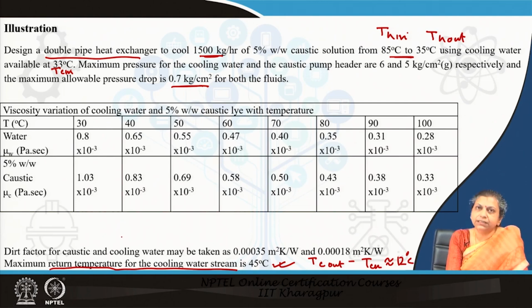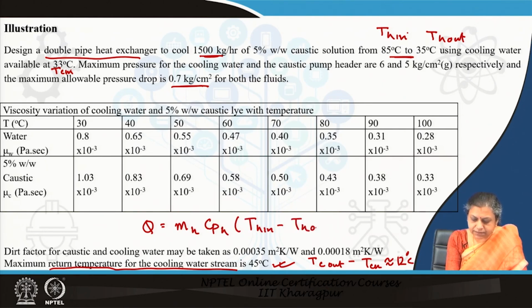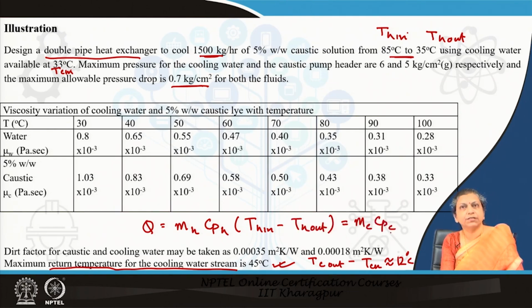Now, we know that the heat given out by the hotter fluid will be equal to the heat taken up by the cooler fluid, or in other words Q equals mH Cph (Th in minus Th out) equals mc Cpc (Tc out minus Tc in). Here the subscript C refers to the cooler fluid and H refers to the hotter fluid.